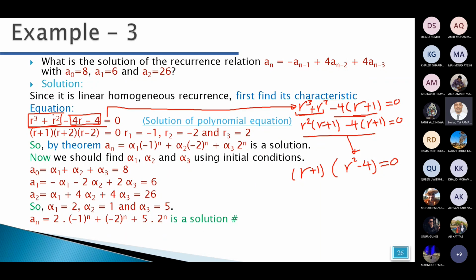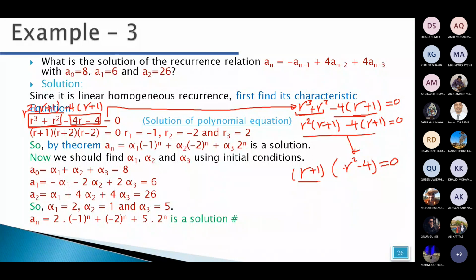Why R plus 1? Because we can take R power 2 outside, then R plus 1 remains here. And we can take minus 4 outside, so we will have R plus 1 inside. So then R plus 1, we take it as a common factor, then what do we still have? R power 2 minus 4.